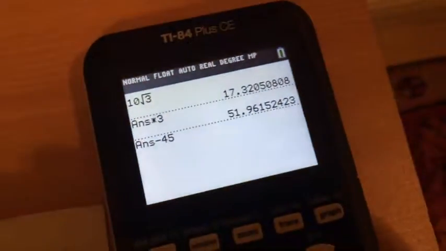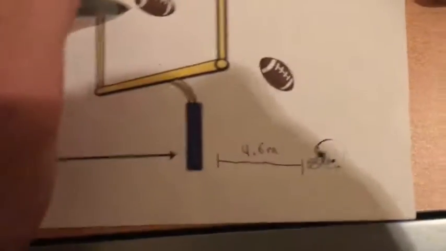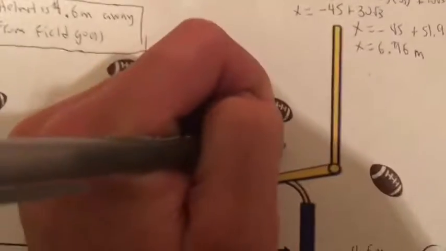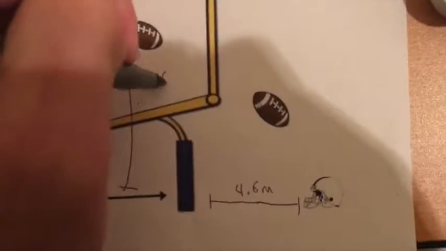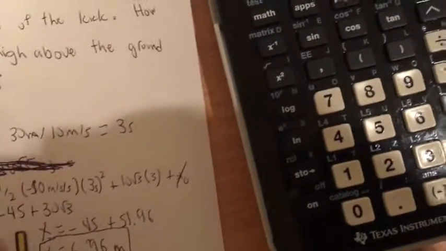And now here, if we just subtract 45, then we will see that the football was 6.96 meters above the ground. That would be this distance here. 6.96 meters above the ground when it crosses the field goal.